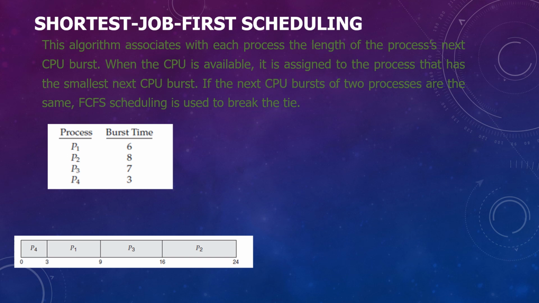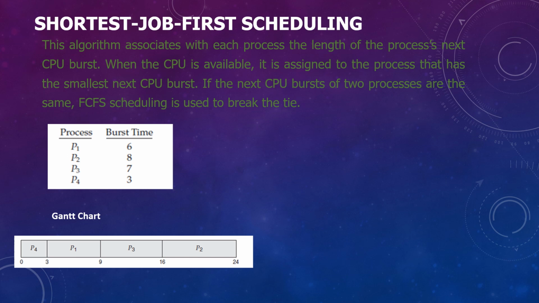This algorithm associates with each process the length of the process's next CPU burst. When the CPU is available, it is assigned to the process that has the smallest next CPU burst. If the next CPU bursts of two processes are the same, FCFS scheduling is used to break the tie.